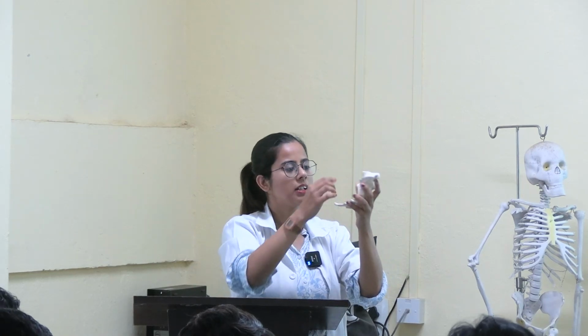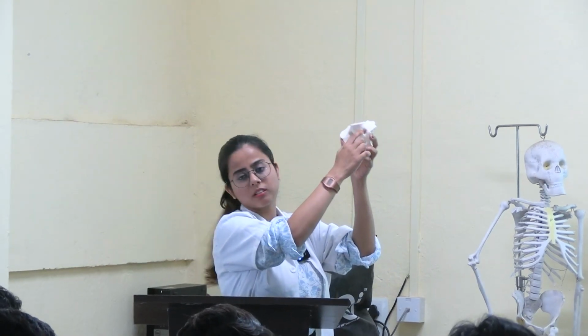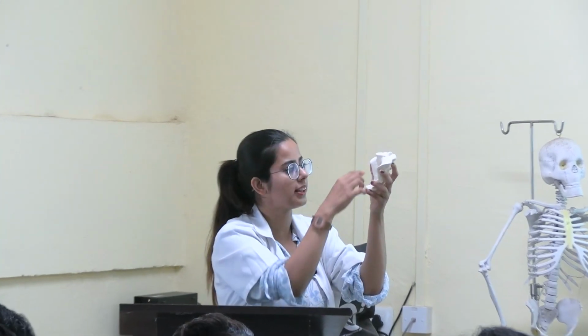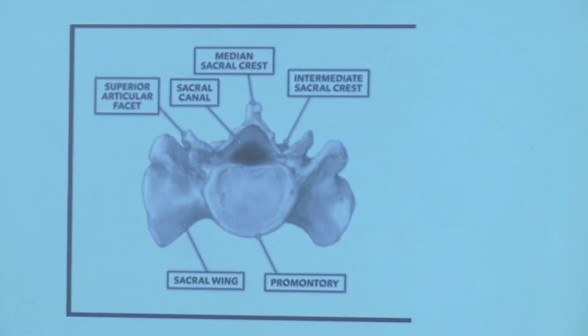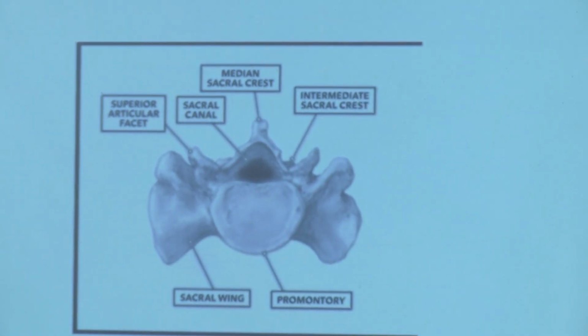And here, what are these? Foramen. What foramen? Ventral sacral foramen. They will communicate with the posterior sacral foramen through the intervertebral foramen. You can see they are communicating with each other.